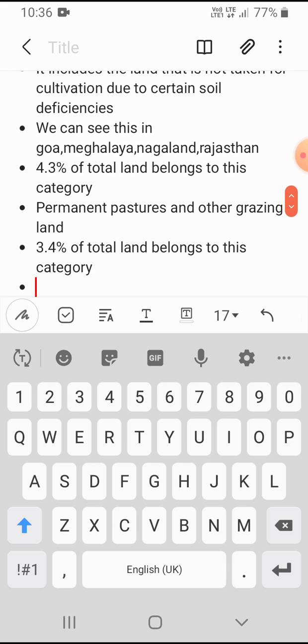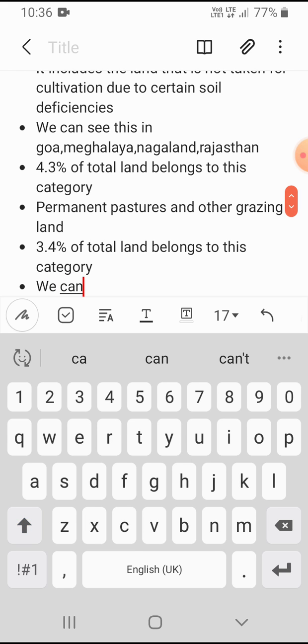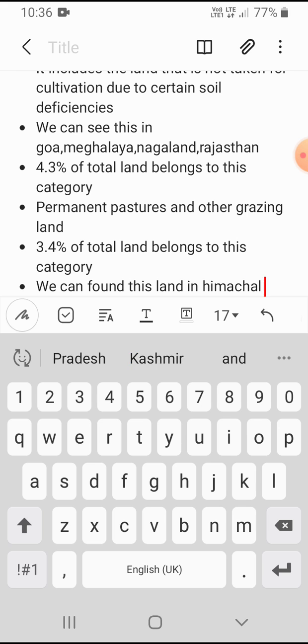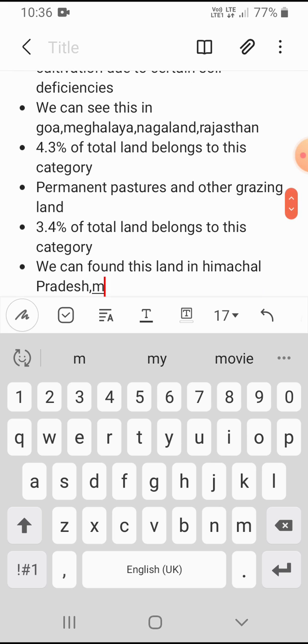Afterwards, we can find this land in Himachal Pradesh, Gujarat and Madhya Pradesh. We can find this type of permanent pasture and other grazing lands.